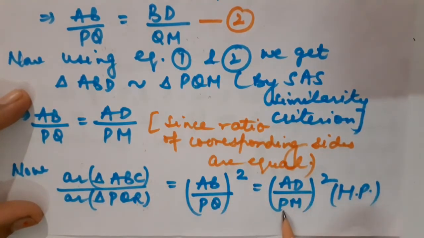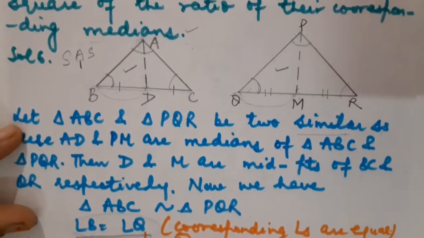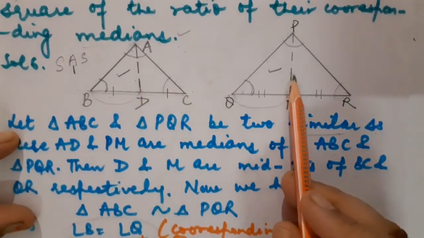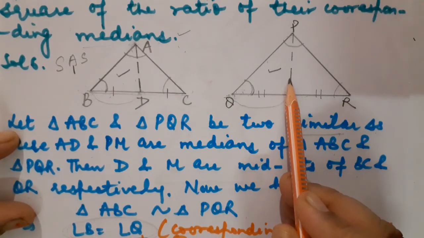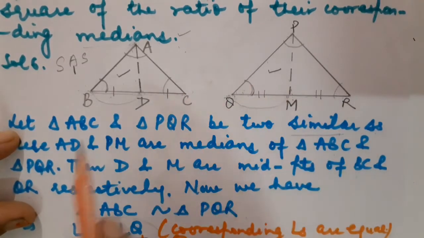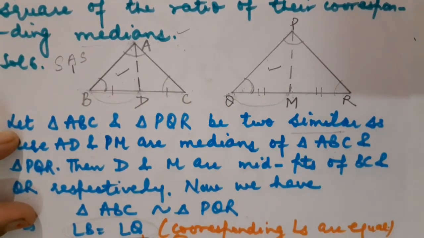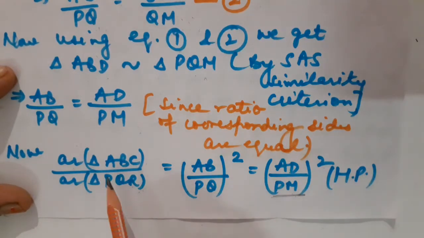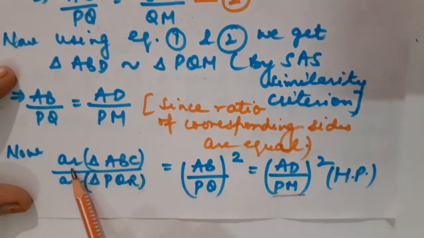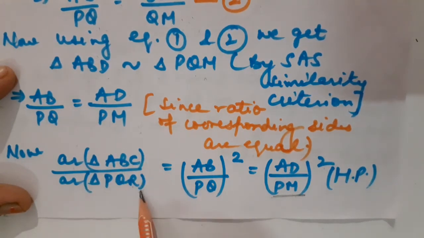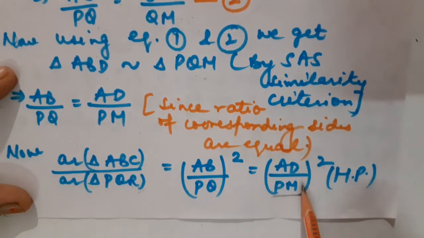Okay. Now here AD upon PM is nothing but the ratio of the medians, and we have taken its whole square as well. So here we have proved that the ratio of area of triangle ABC to area of triangle PQR is equal to the square of the ratio of their medians as well.